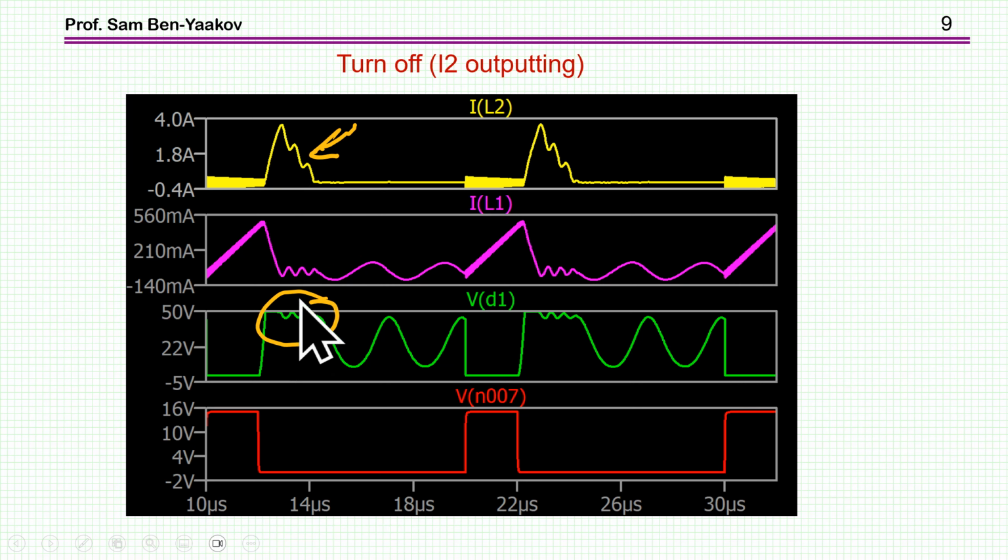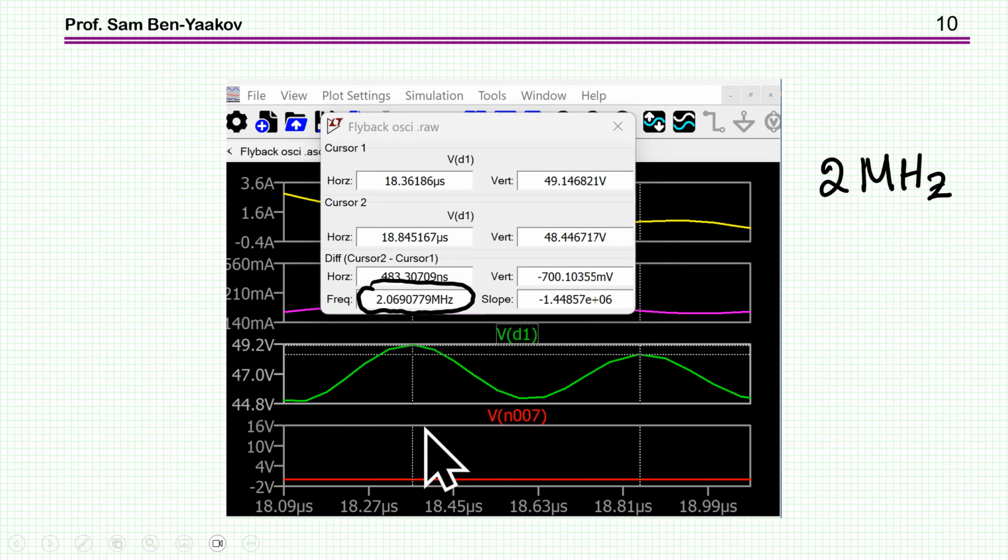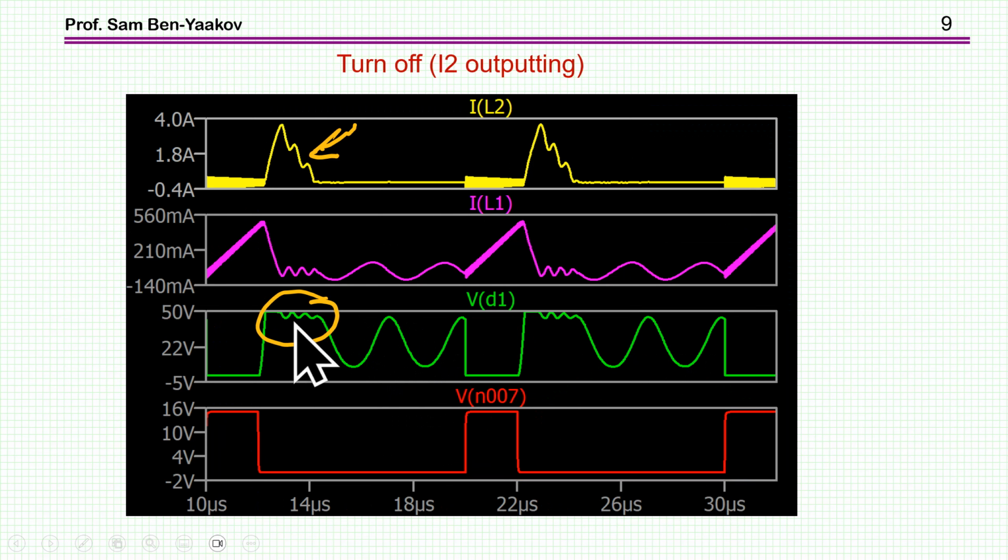Okay, so we see this oscillation, which is being reflected at these three places. So now zooming on this oscillation, I find that the frequency is 2 megahertz. By the way, the switching frequency is 100 kilohertz. So it's a higher frequency because the leakage is a small inductance and the capacitances are really small. So it comes out to be 2 megahertz.